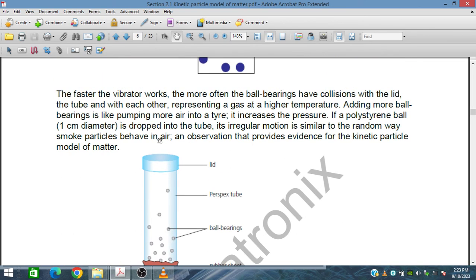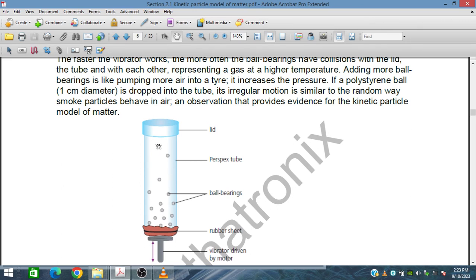As a result, they strike the container's surface. So this is the experimental setup to simulate the gaseous particles.